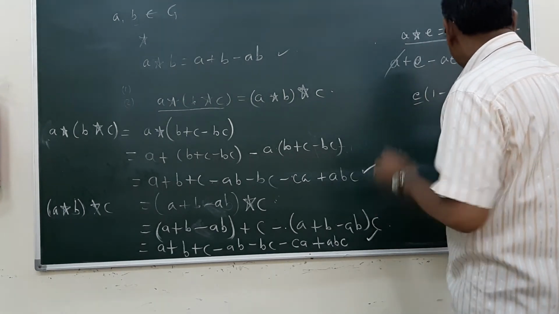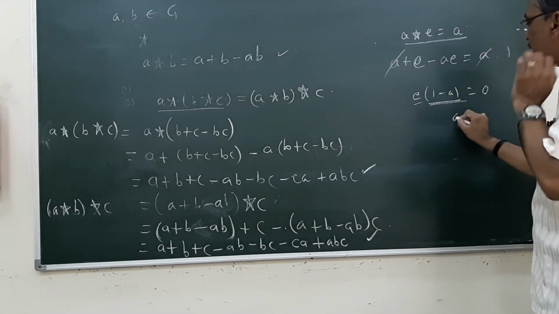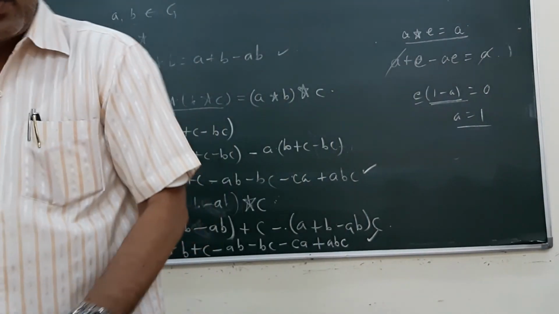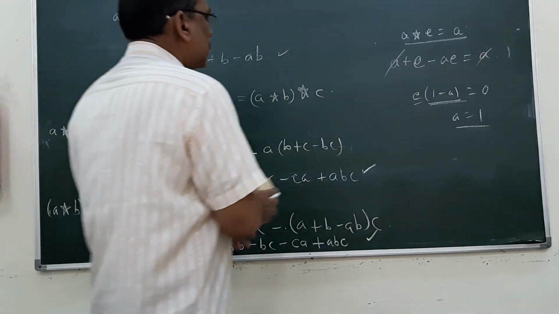E is the identity, that is E equals 0. So we can prove identity and inverse in this way.